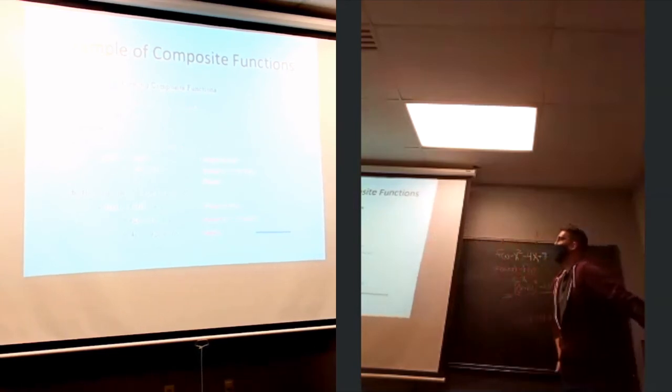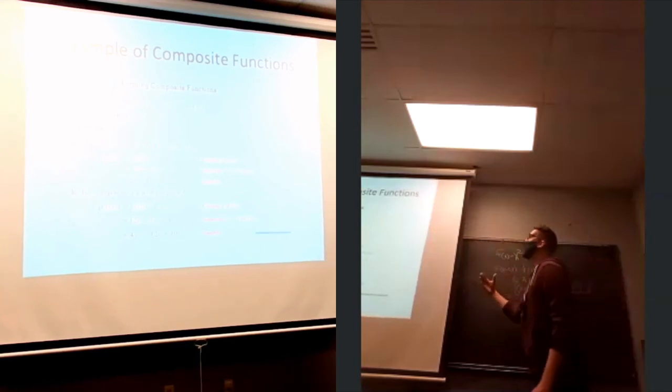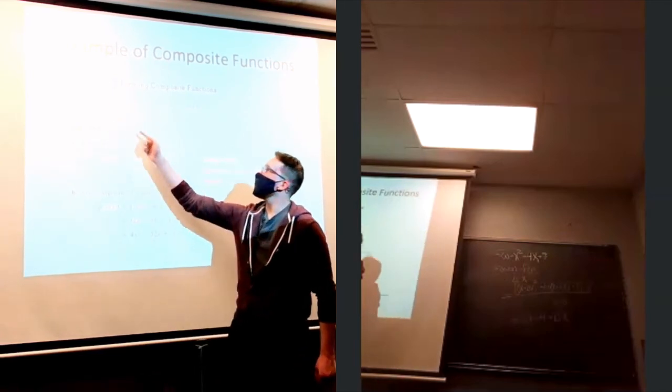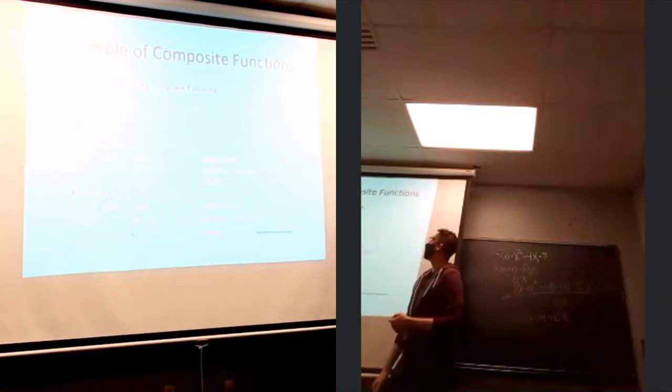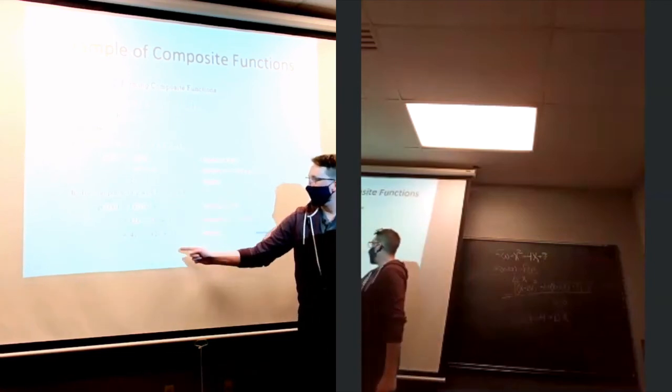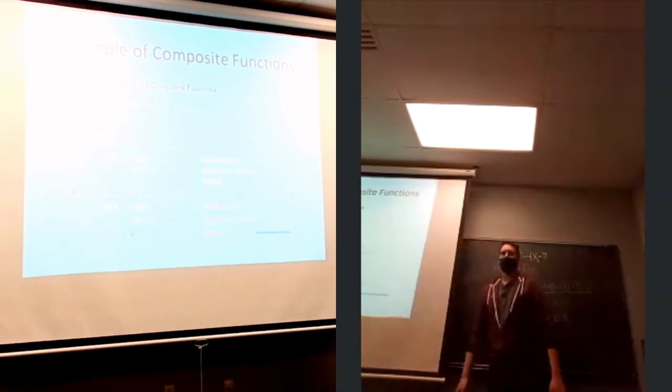Now, the reason why I put this slide in here with everything together is because I wanted to make a point. Notice f of g of x and g of f of x, they don't give us the same solution.